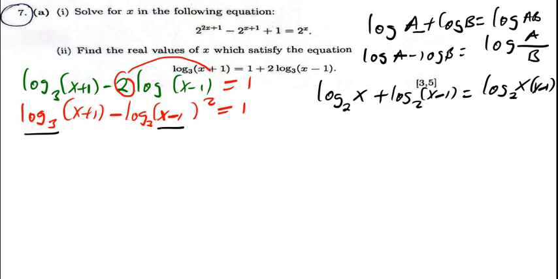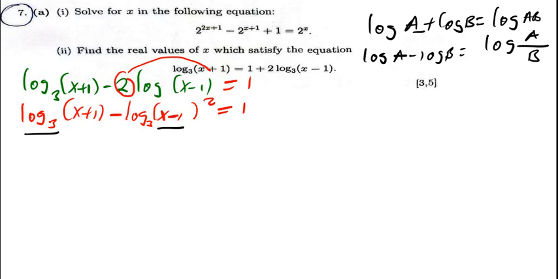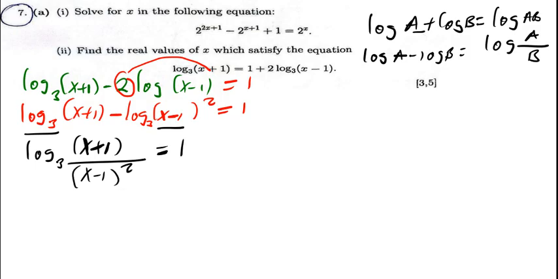Now it's the same principle which I'm going to follow here. Because there's minus, this is going to be on the denominator. So now we have log base 3 of (x plus 1) divided by (x minus 1) squared being equal to 1.